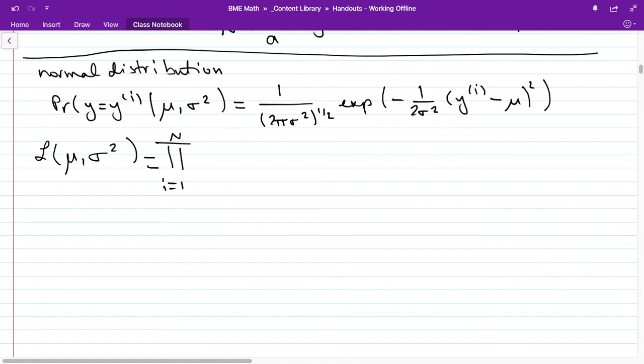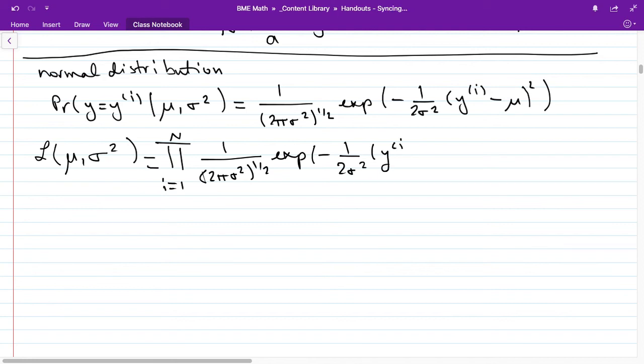These are the things that I'm going to multiply. I'm going to have to keep track of each data point, 2 pi sigma squared to the 1/2, exponential. So that's my joint probability.